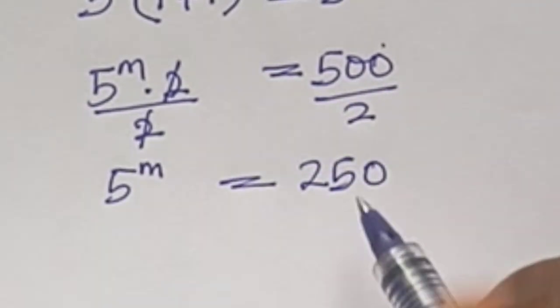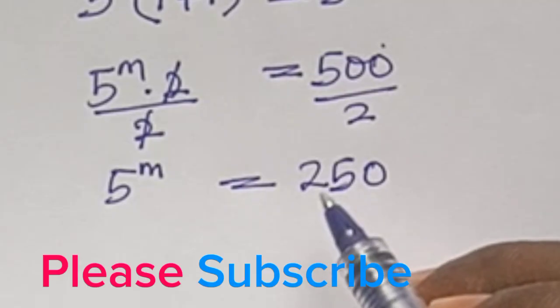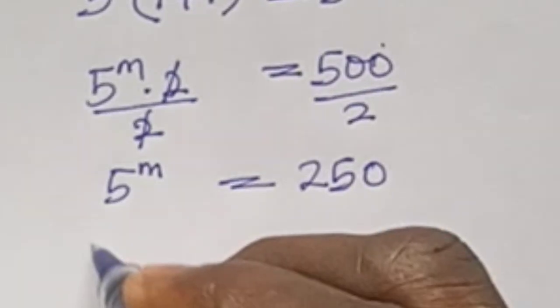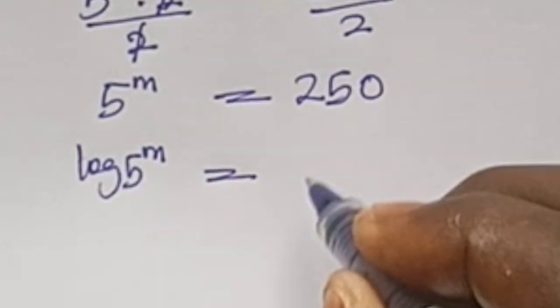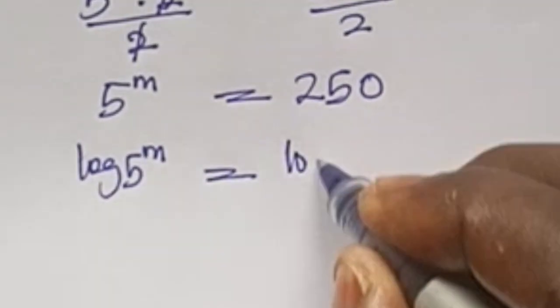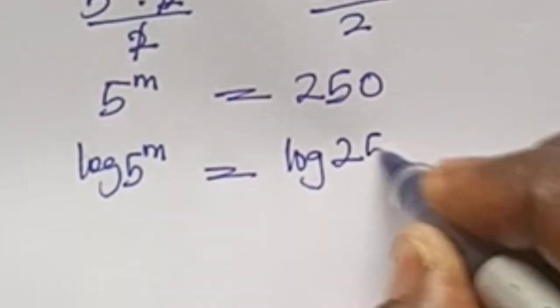250. So we're going to take log to base 10 on both sides, that is log 5 to the power of m equals log 250.